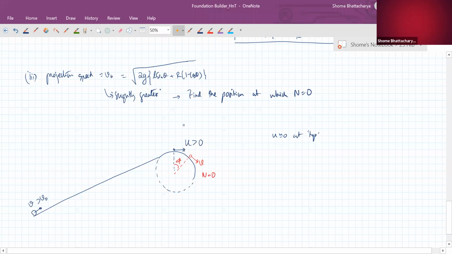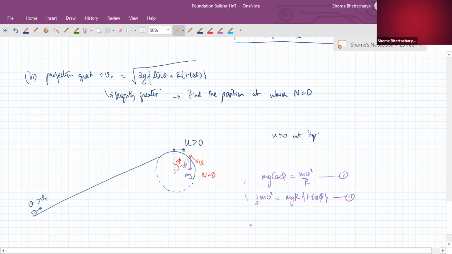Okay. So normal reaction here becomes zero. And again, you can see the condition for that will be that mg cos phi should be equal to mv square by r. Okay. And from work energy, half mv square should be equal to mgr into 1 minus cos phi. Okay.